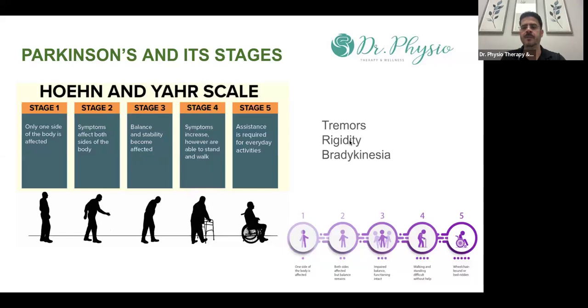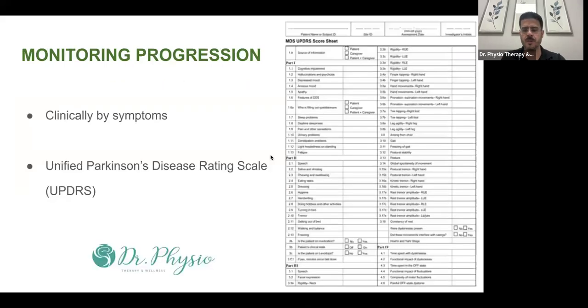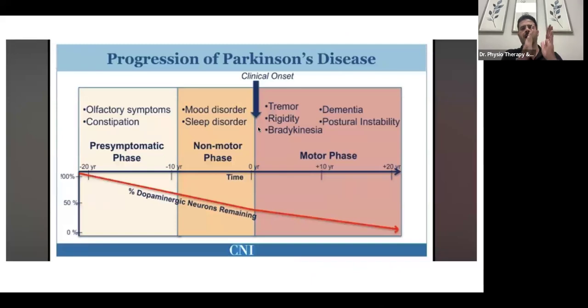Let me go back a little bit just to give a little more insight. So once the diagnosis is made, that's called clinical onset, and from there we go on in stages, all right? So now we know Parkinson's disease is there, the diagnosis is there. Now what are we going to do? Where am I regarding the stage of the disease?